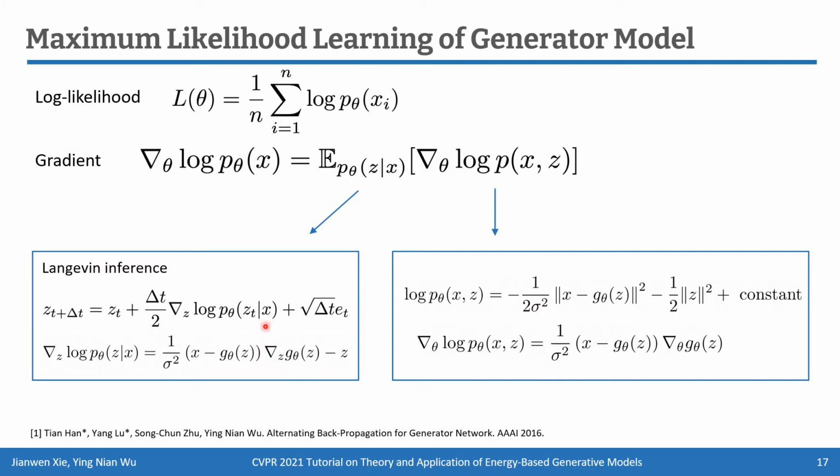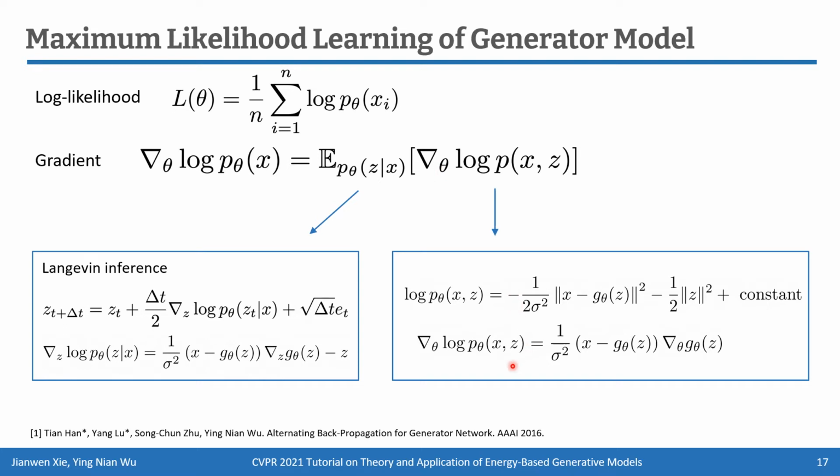So you compute the gradient of the log joint density with respect to z in the Langevin sampling for inferring z. After you infer z, then you can just plug in the inferred z and then compute the gradient of this log joint density with respect to theta for learning. So that's how you update the parameters.